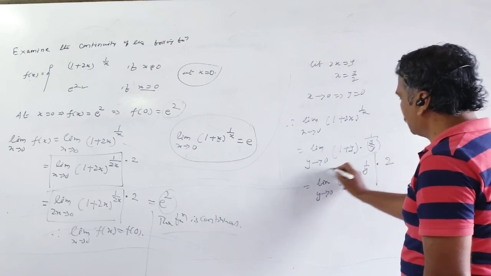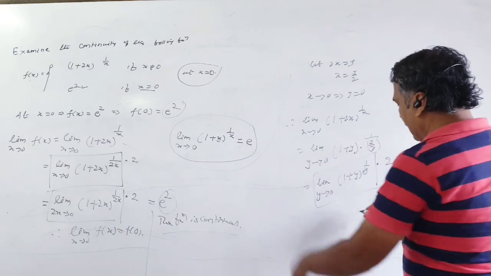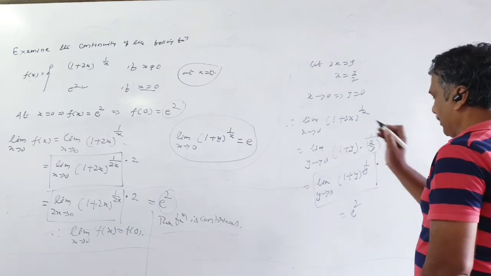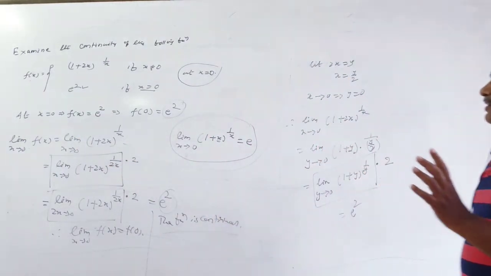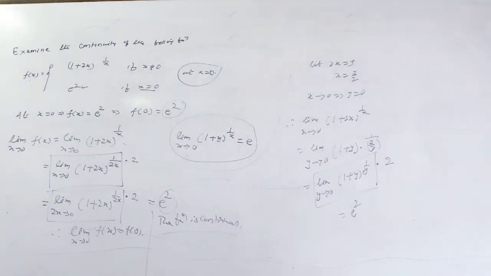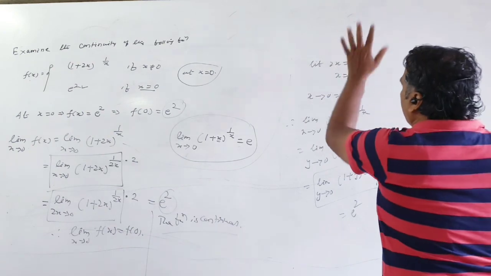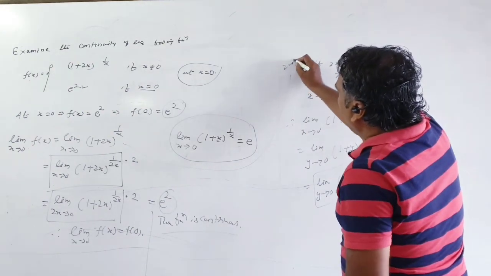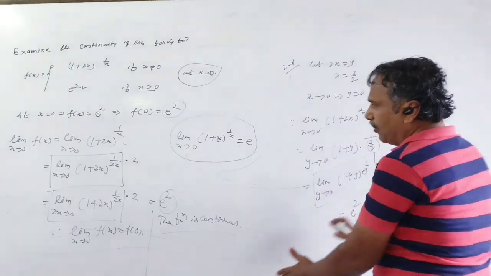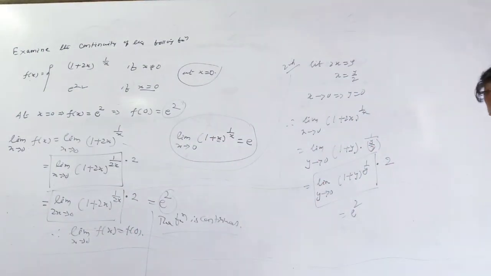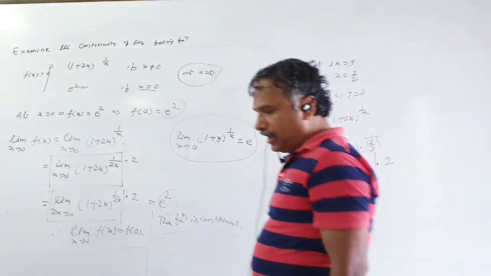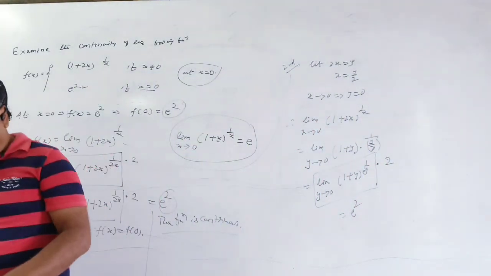Using this formula, the limit is e square. If you are not getting the idea, now let 2x equal to y. This is the second method. Either you use it this way or that way. Next class we will discuss the differentiability of a function.